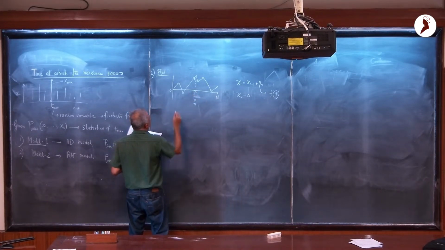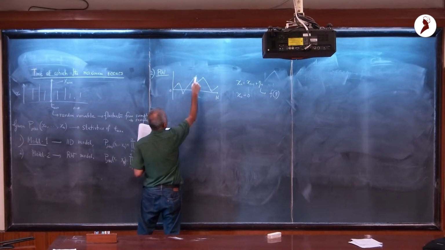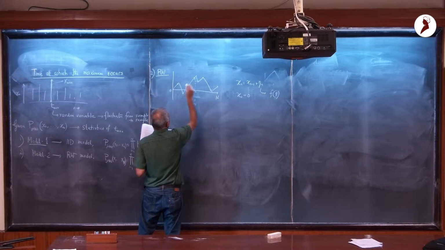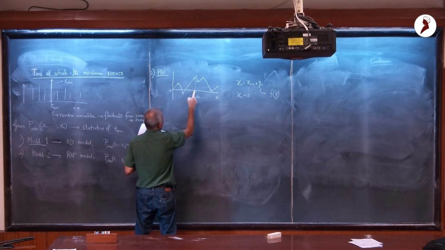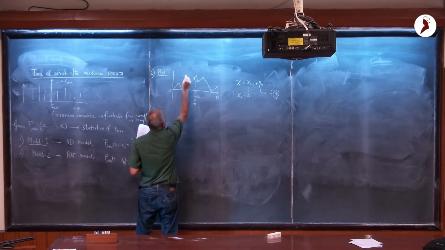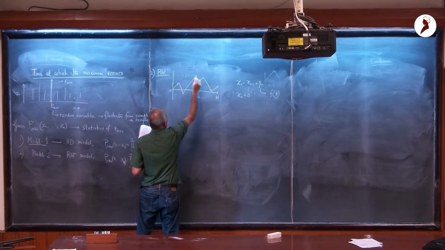So you take your trajectory. By definition, this is the maximum, right? That means that starting at 0 up to step n, you have arrived at this value, and suppose that the value of the maximum is x max.